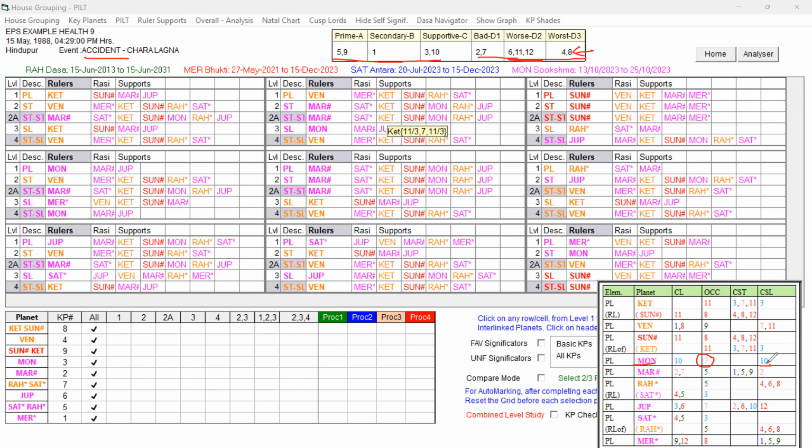So 10, 7, 10, it is a mixed significator, but it is not very strong in CL and CSL. And Mars is the 2nd lord, 7th lord, Maraka lord, occupying the 5th house, 159 star lord, and 2nd cuspal sublord. So this has a favorable grouping in OCC and CST, but in CL and CSL it has weakness. So when compared to Moon, Mars is weak.